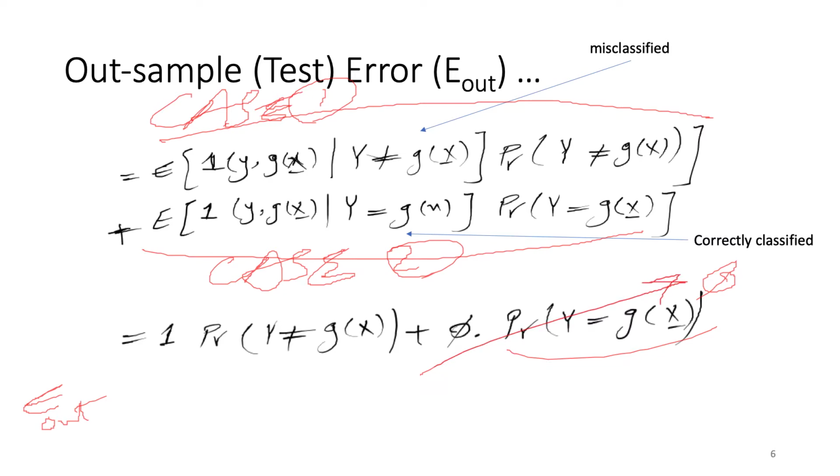Because your misclassification rate was 0, it's the probability that your out of sample test, which was drawn from an independent or IID distribution, is going to be equal to that, which is 0, because it is truly classified.